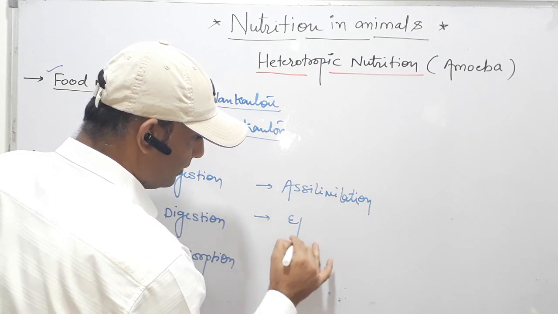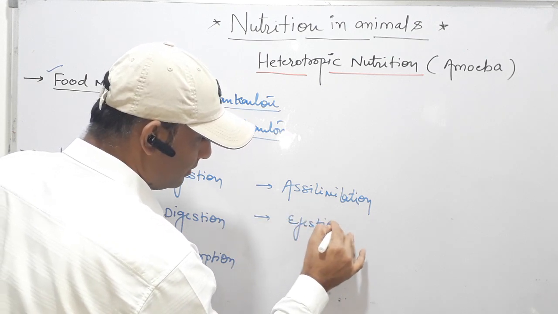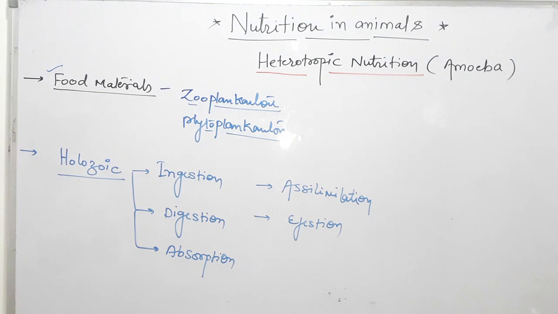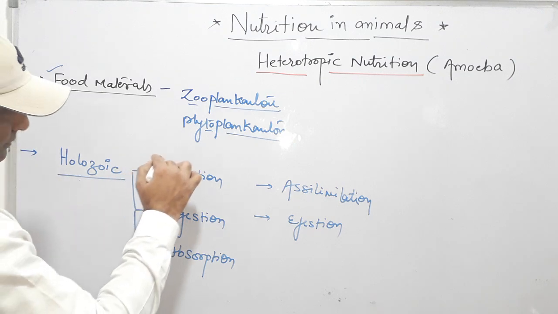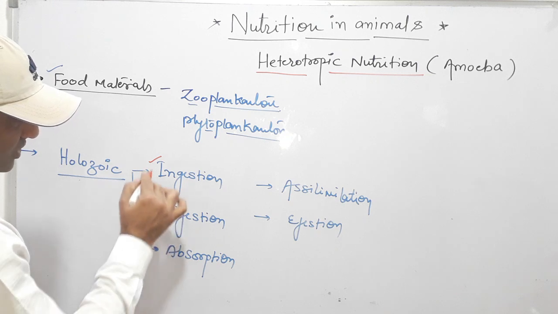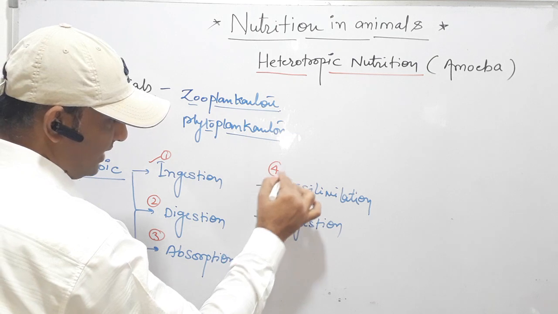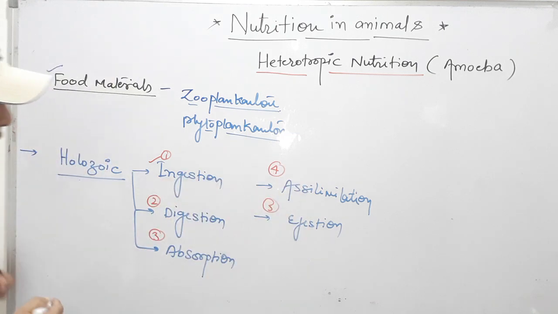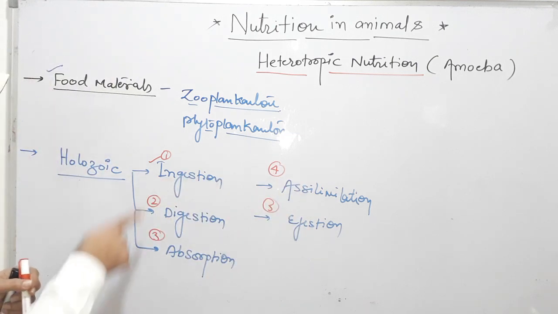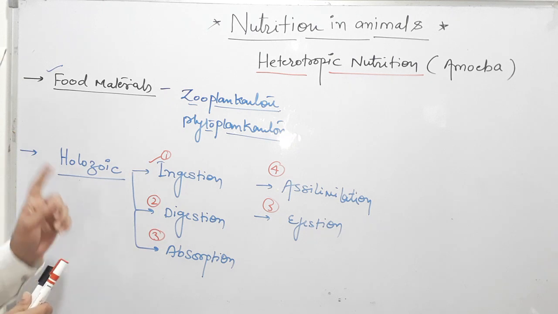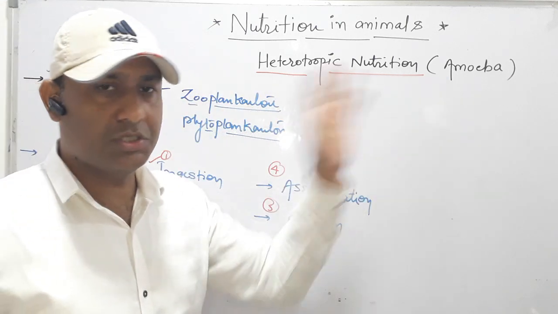And fifth, egestion. These are the 5 steps involved in the holozoic mode of nutrition. First is ingestion, second digestion, third absorption, fourth assimilation, and fifth is egestion. So we will discuss according to these points the heterotrophic nutrition in amoeba.